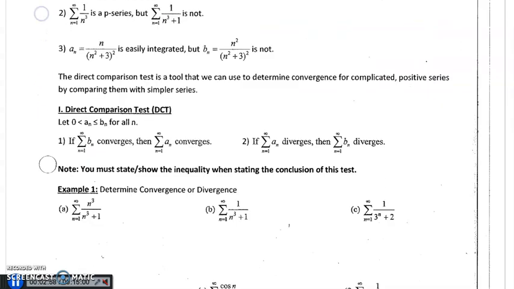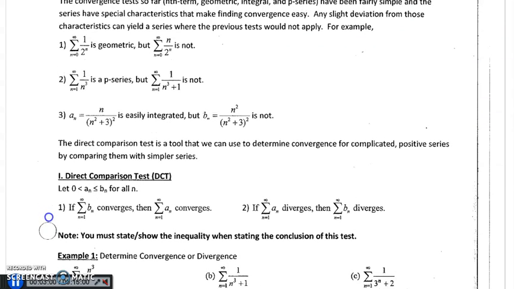All right. So let's start with the direct comparison test. That one's the easier one conceptually, I think, because all it says is we're comparing two different series, and the terms and the sequences of those series, one term is always less than or equal to the other. Without loss of generality, we'll call a sub n the smaller one and b sub n the larger one.